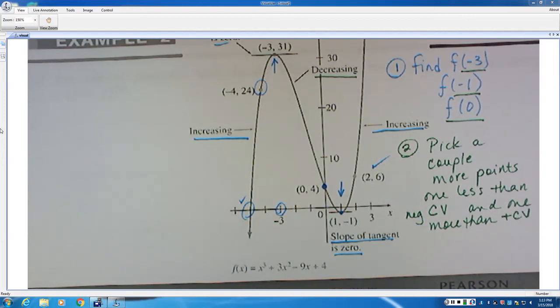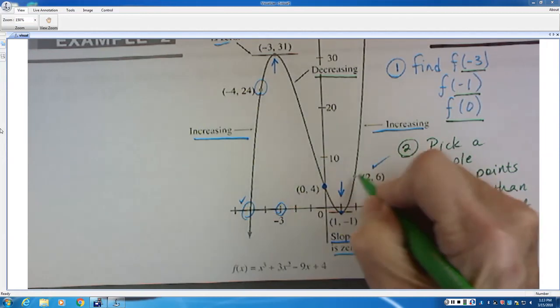So you pick a couple more points, one that's less than the critical value, like -4, and one that's bigger than your positive critical value, like 2. You know, pick wild numbers, pick easy numbers, to get a couple more points, which are these 2 points here.